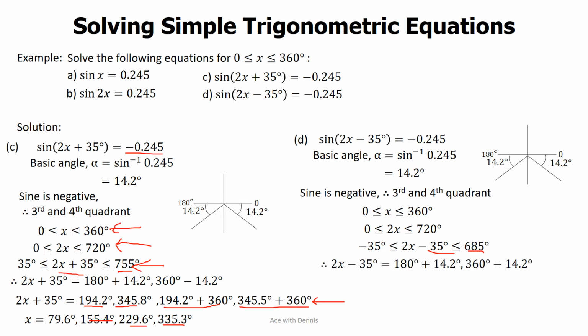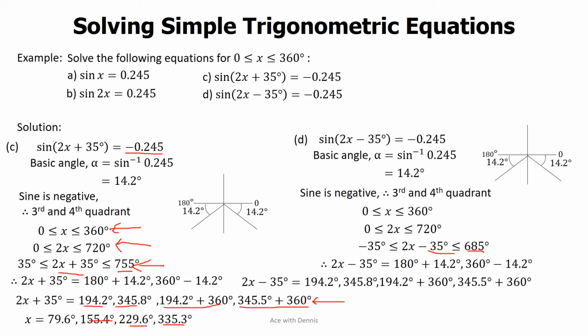Now we can write down the answer. 2x minus 35 degrees equals 180 degrees plus 14.2 degrees, or 360 degrees minus 14.2 degrees. So 2x minus 35 degrees will equal 194.2 degrees, 345.8 degrees. We can still add another cycle. So 194.2 degrees plus 360 degrees, 345.8 degrees plus 360 degrees.